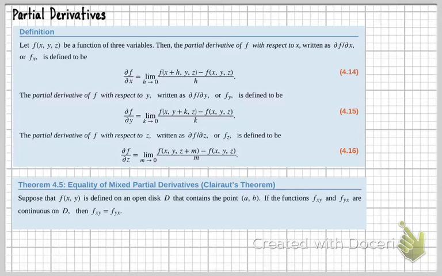And what's nice about that is if I can tell that these are continuous, then I can say that they're equal. And this theorem actually comes in handy later on. We're actually going to use this theorem to prove a point so that we can use some more tools. And that's what this is going to help us with later on. But just keep that in mind. If these second partials are continuous on D, then the partials are equal. Very nice.